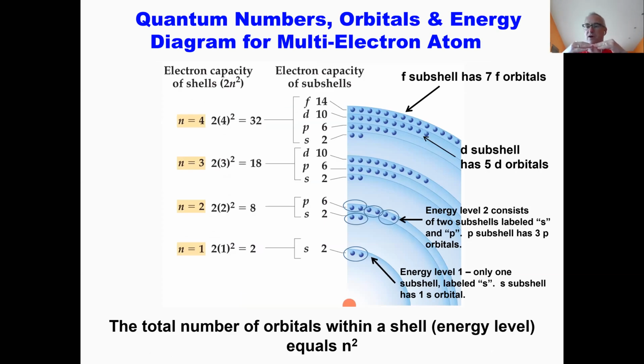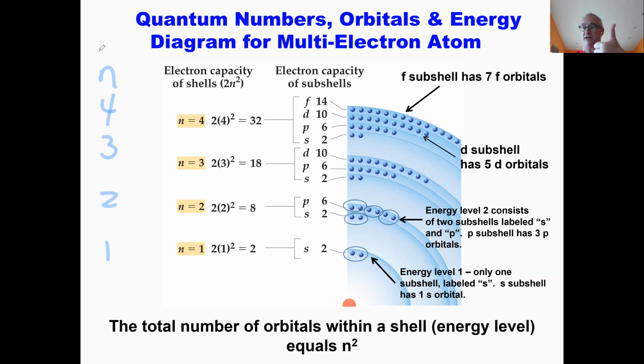I think this is where we left off last class. How many electrons are in each particular shell? So the first shell, there's only an S orbital. Remember, as we go up, here's our N. N equals 1, 2, 3, 4. That's the shell. That's the distance away from the nucleus. Every time we go up, we add a subshell.